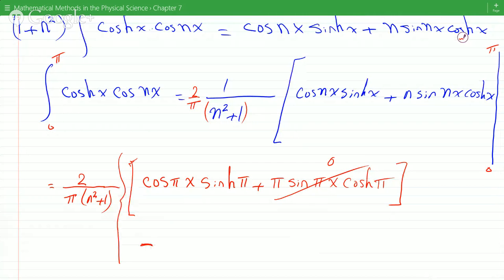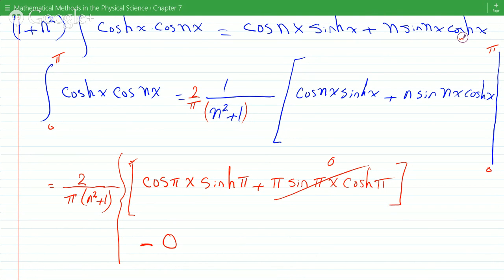So we get sine hyperbolic 0, which is 0, because sine hyperbolic is e to the x minus e to the minus x, divided by 2.